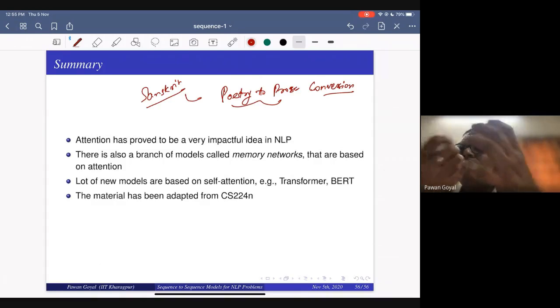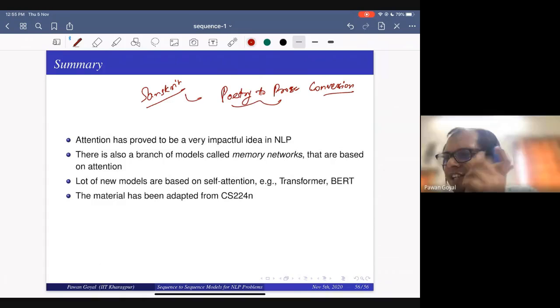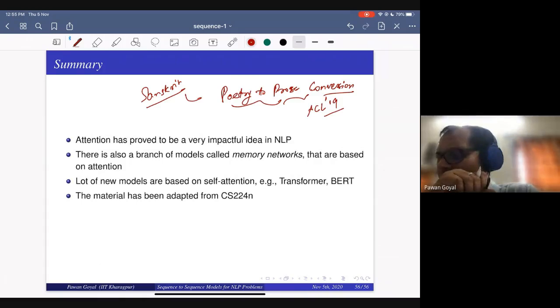And there are problems on segmentation, Sandhi segmentation and all. And the two sequences are not of the same size. So we tried this sequence to sequence, and we did some nice tricks on how to use attention scores. That was one of the things we worked on for ACL 2019.